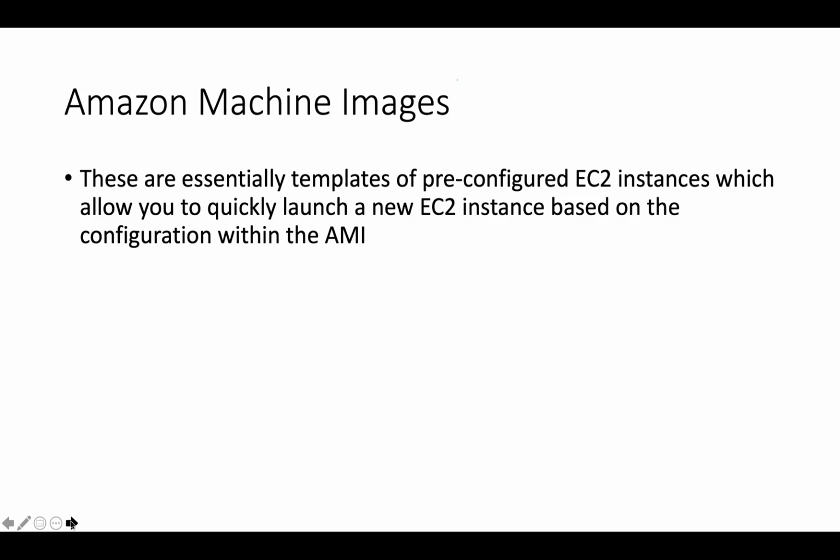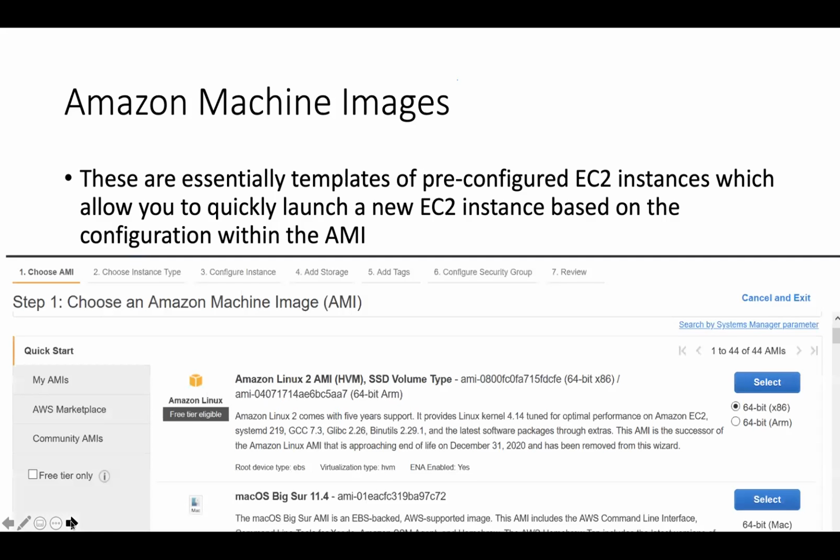AWS provides a large number of AMIs covering different operating systems, from Linux to Red Hat and Microsoft Windows, among others. When configuring your EC2 instance, selecting your AMI is the first configuration choice you need to make, and you can also create your own AMI to help speed up your deployments.